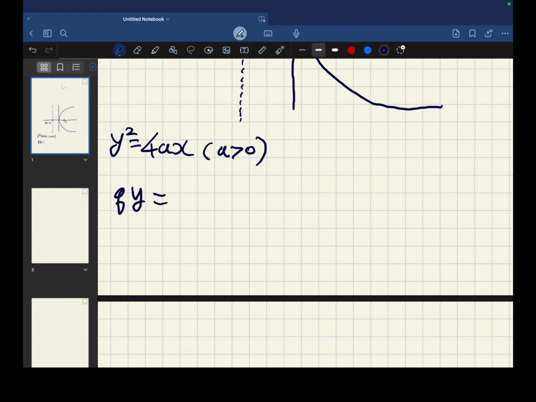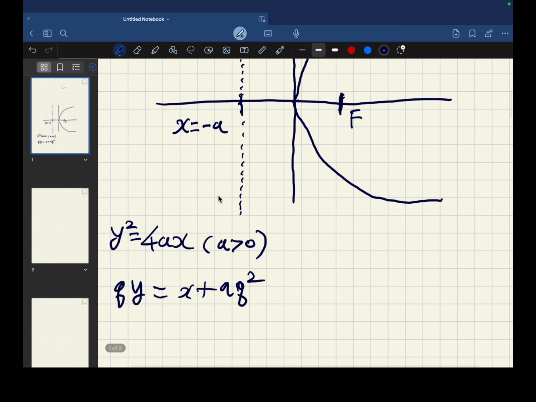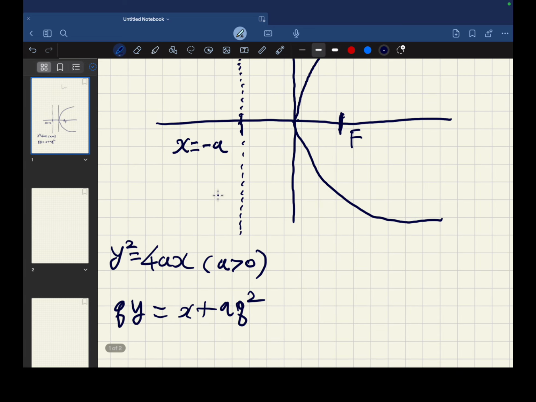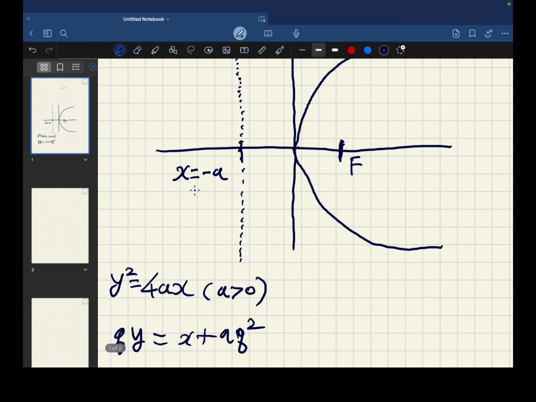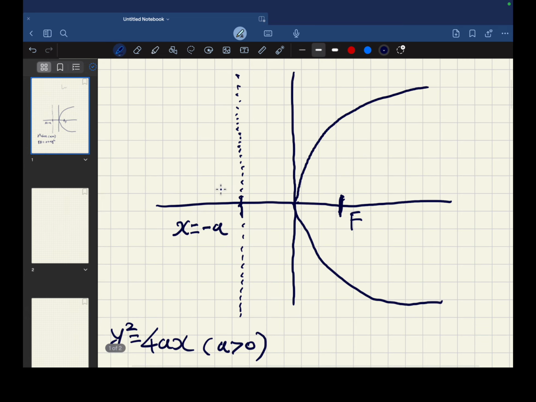So how do we confirm or prove this? The point Q lies on the parabola C. So we can estimate, though we don't know the exact coordinates of it, but we can draw it.